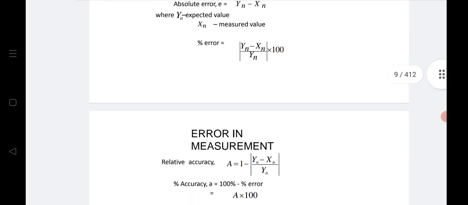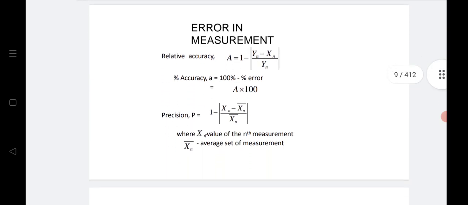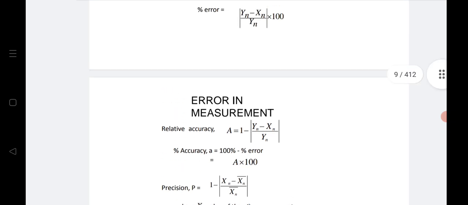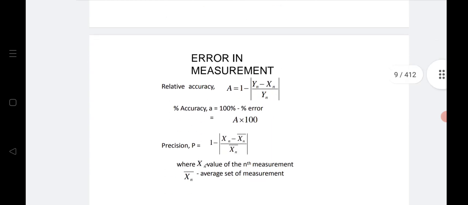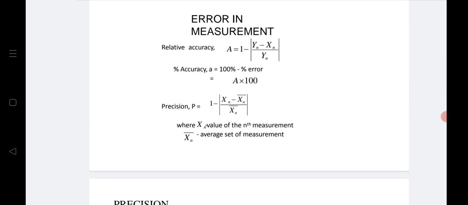Next comes relative accuracy. How are we going to find it? Relative accuracy is 1 minus the expected value minus the measured value, divided by the expected value.